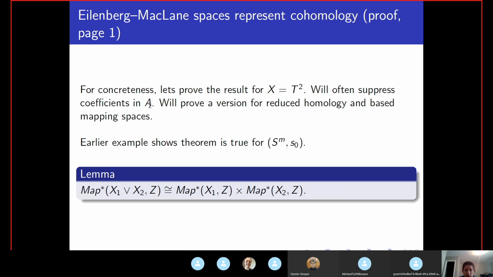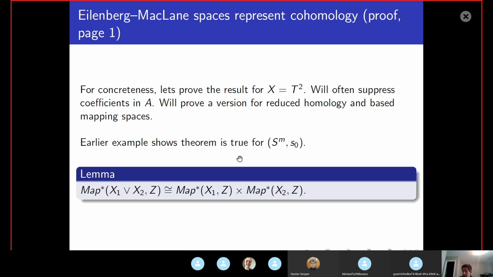Then I can build the torus out of 2 circles and 1 2-sphere. If the theorem is true for a circle and a 2-sphere, then it's going to be true for a torus because we can build the torus out of these spheres. There's nothing special about a torus. Any CW complex can be built out of spheres in this way.